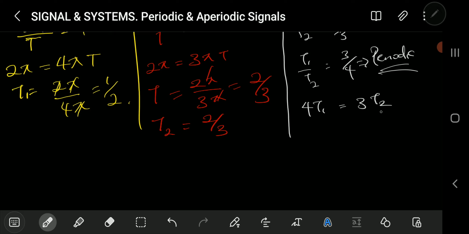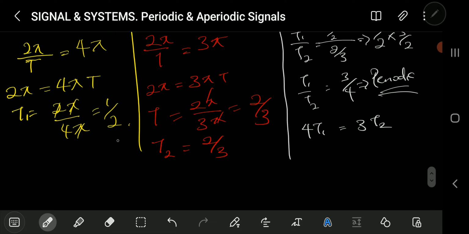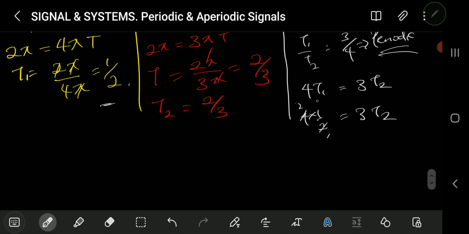So once you get to this stage, remember we have 4t1 is equal to 3t2. Now let's substitute the value of t1. You already know that our t1 is 1 over 2. So you're going to be having 4 times 1 over 2 equals 3t2. So this is going to give us 2 equals 3t2. So take note of this.